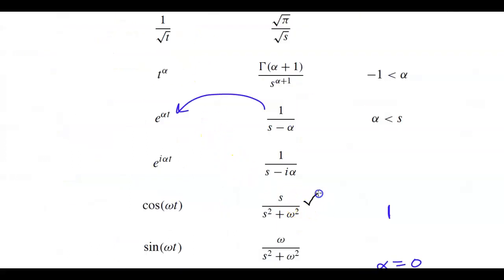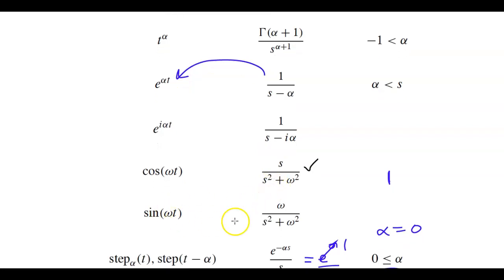See, this s over s squared plus something squared matches cosine of omega t. And so there's not exactly a direct, but a pretty straightforward way to figure out the inverse Laplace transform of that term.